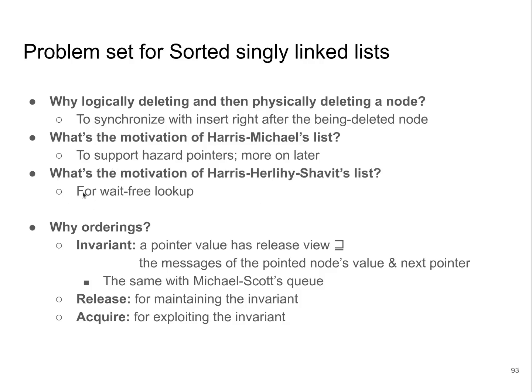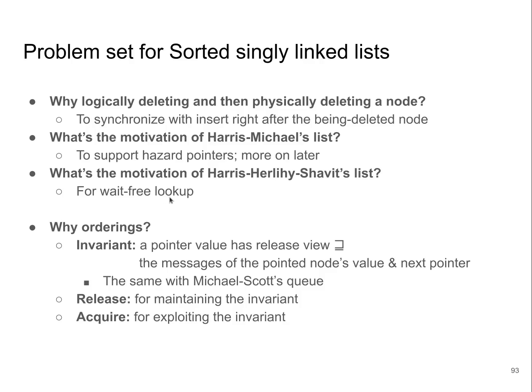And the final question is, what is the motivation of the Harris-Herlihy-Shavit list? It doesn't physically delete the nodes at all. It just moves on without bothering with the in-between logically deleted nodes. The reason is that it doesn't want to wait for other threads to succeed in some operations.